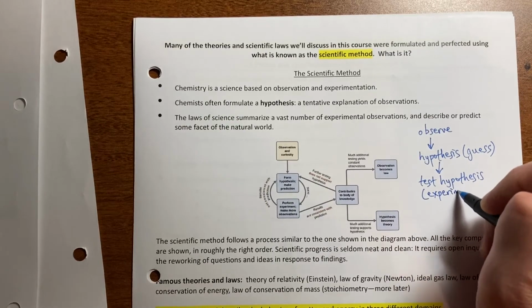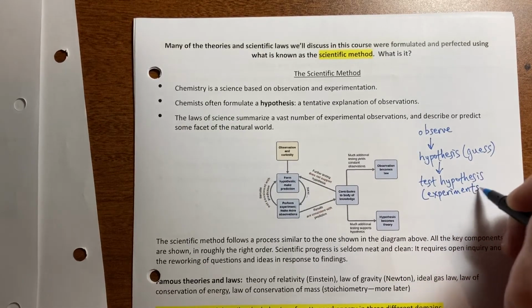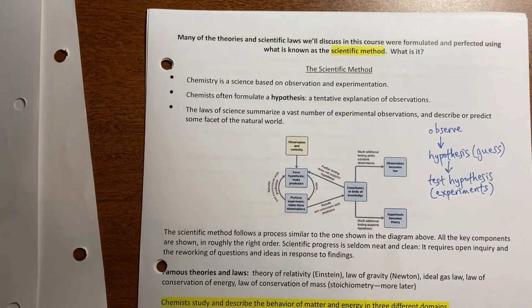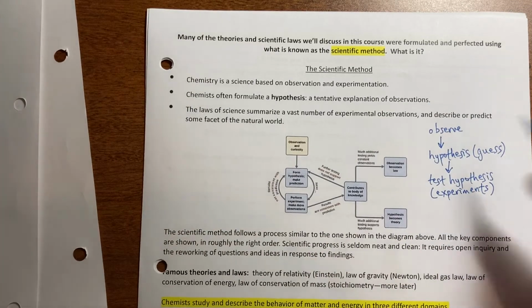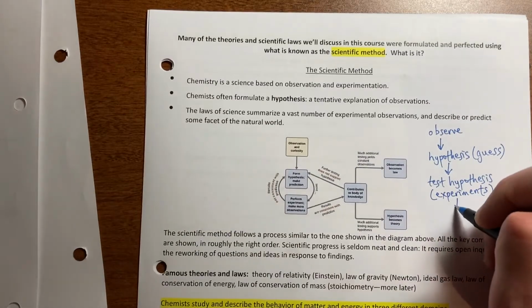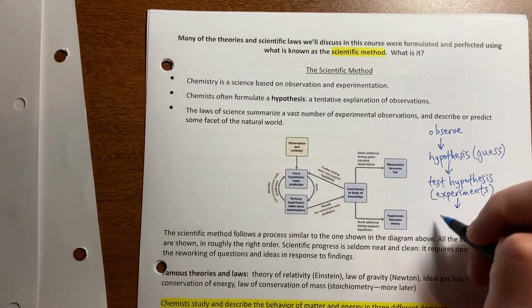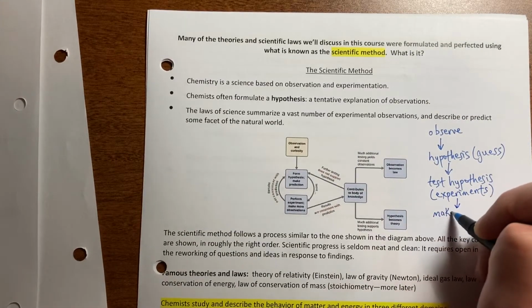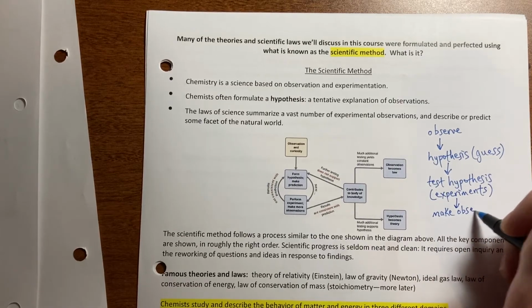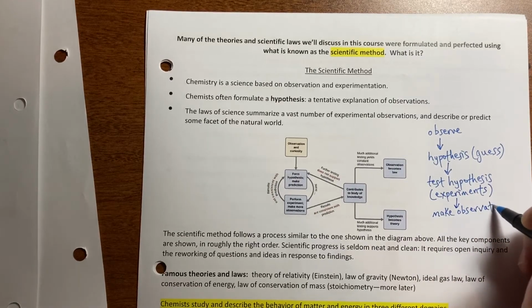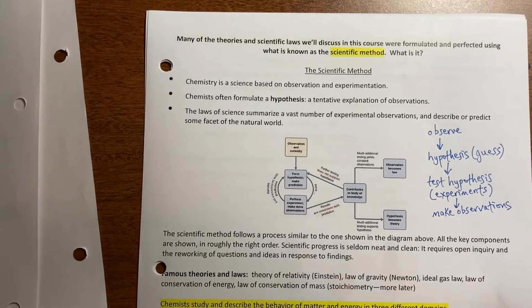You design some experiments so that you can test to see if your educated guess about what you're observing is correct or not. And when you do experiments, you watch what happens. So you make observations. Does something explode? Does the color change? Does it generate heat? Does it cause some biological reaction?